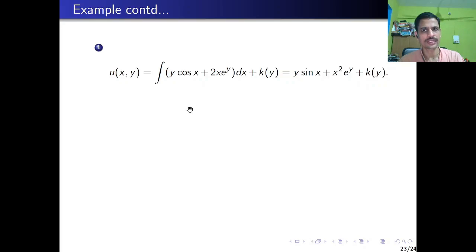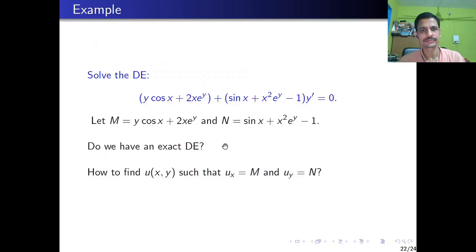Now we have to determine k(y). So what we had done before is we differentiated this with respect to y. So when we differentiate this with respect to y, we get u_y is equal to sin x, and differentiating with respect to y, we get x square e^y plus k dash y. And this is supposed to be equal to N that is given. So what is N given? N is sin x plus x square e^y minus 1.